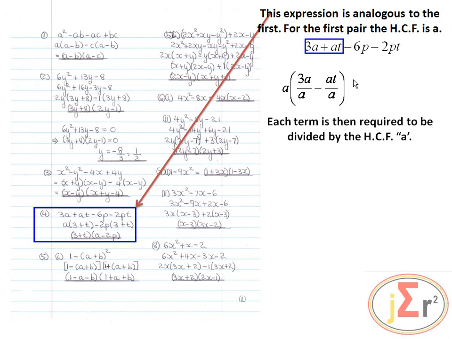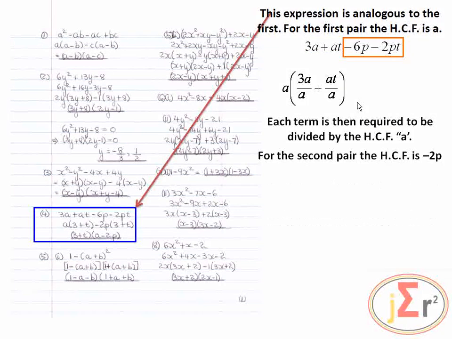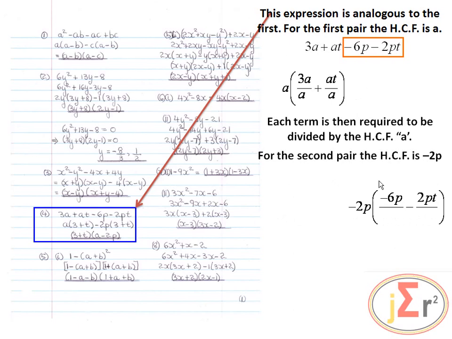But we usually use the sign that begins the second pair. So we will say a negative 2P is our common factor. So for the second pair, negative 2P is our common factor.